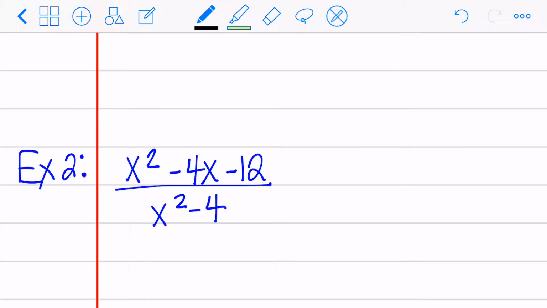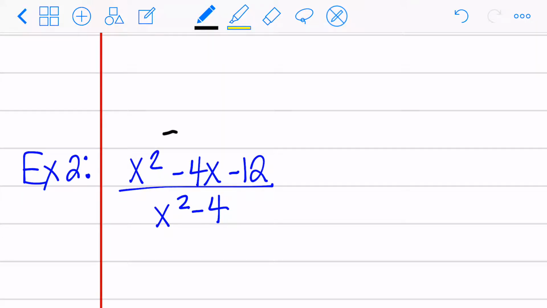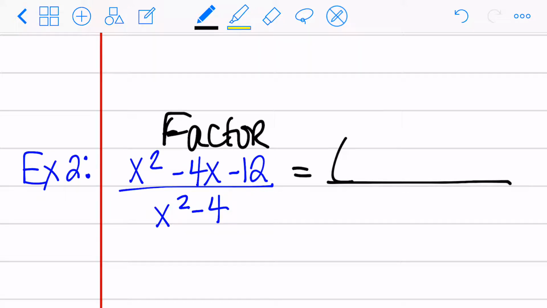So there's no GCF to take out here, so we're going to have to factor these. Let's factor the top first. Hopefully you guys all remember how to factor. What are factors of 12 that have to be not the same sign? One's going to be plus, one's got to be minus to give us that negative 12.